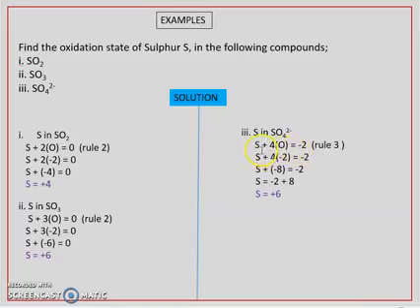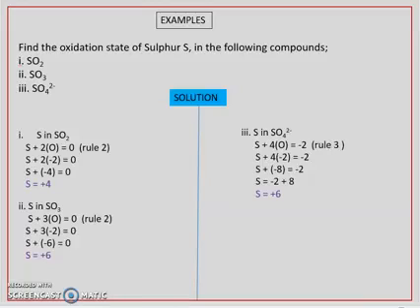So we have S plus 4 oxygen equals minus 2. Sulfur plus 4 times minus 2, which is the oxidation state of oxygen, will be equal to minus 2 because of this. Alright. So sulfur plus minus 8 will give you minus 2. So if this crosses the sign of equality, you have sulfur equals plus 6. So the oxidation state of sulfur here is plus 6.